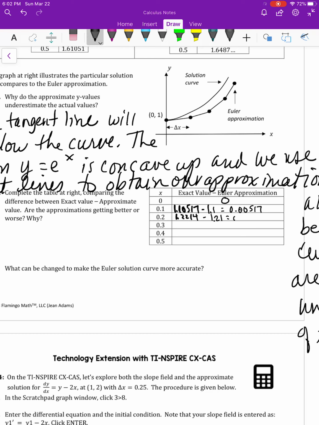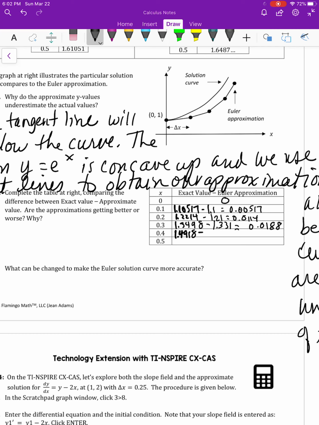For the next one, 1.2214 minus 1.21, I get 0.0114. For 0.3, 1.3498 minus 1.331, I get 0.0188.